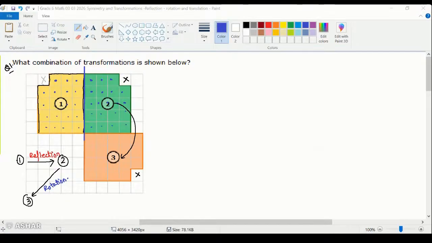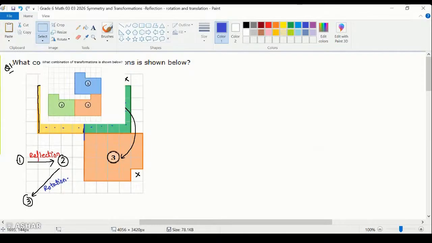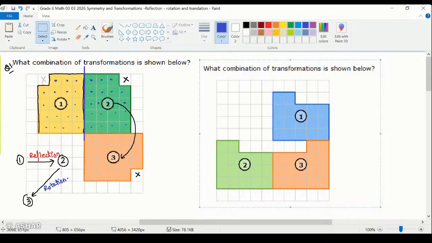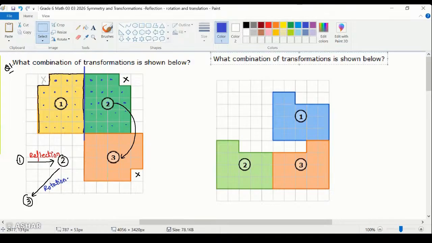For the next question, it says, what combination of transformation is shown below? Just a moment, let me copy. This is question number 2. And they are asking, what combination is shown below?